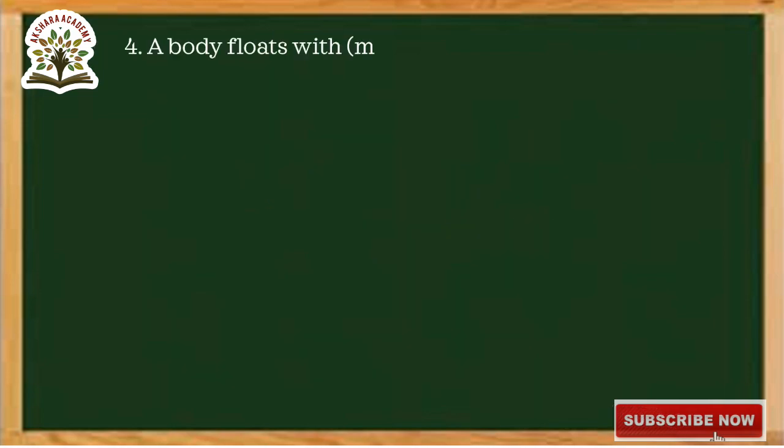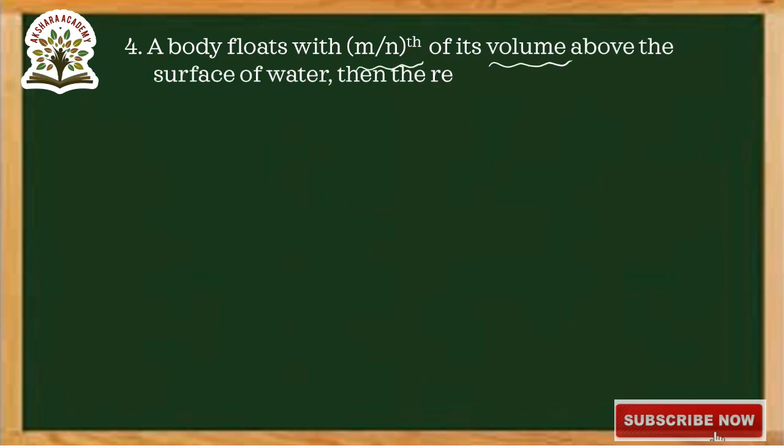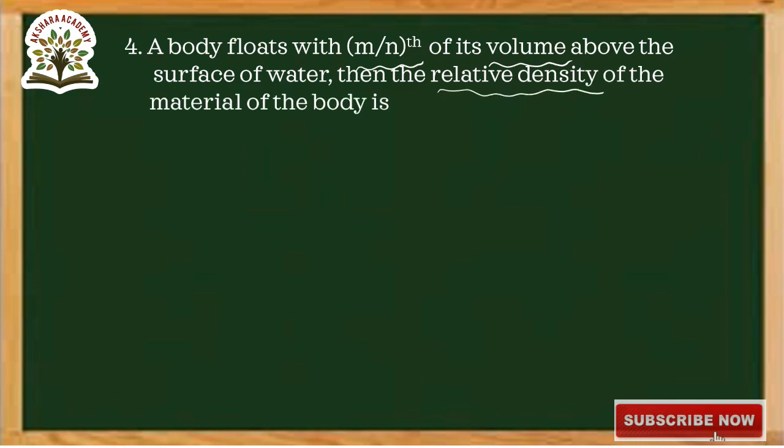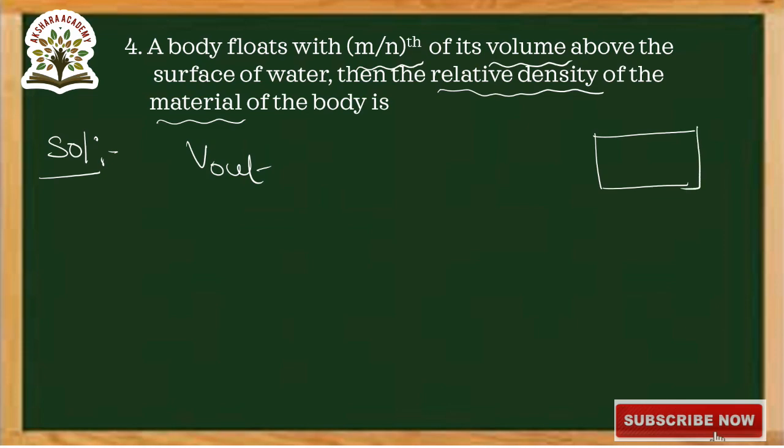Fourth one: a body floats with m by nth of its volume above the surface of water. Then the relative density of the material of the body is. Here we have to calculate the relative density of the body. Let us go to the solution. They gave a body floats with m by nth of its volume, so V out is m by n of V. Suppose a body floats in the water.